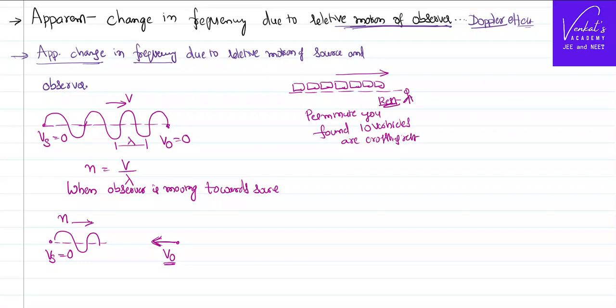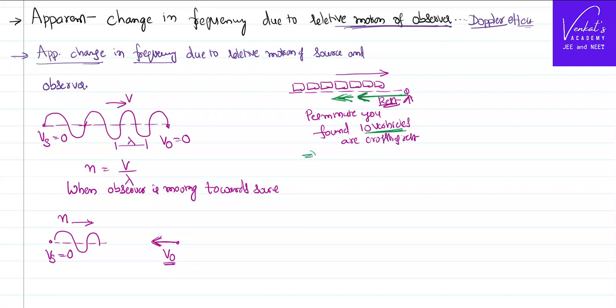Now imagine a case where you are not at rest. You have started moving in this way towards the vehicles. What happens? These 10 vehicles anyway cross you, but as you are moving towards the vehicles, you will also cross some extra vehicles.